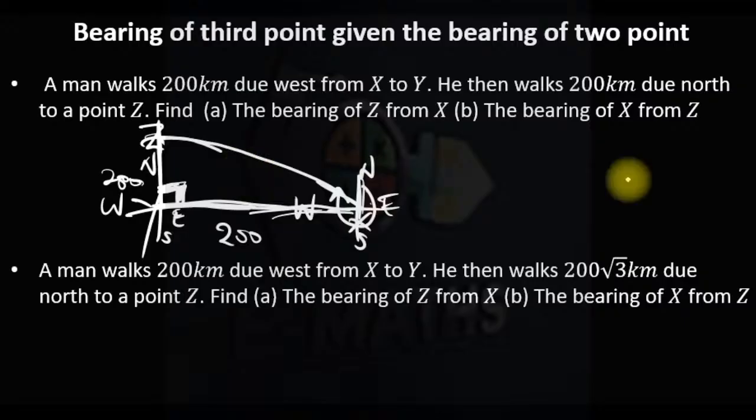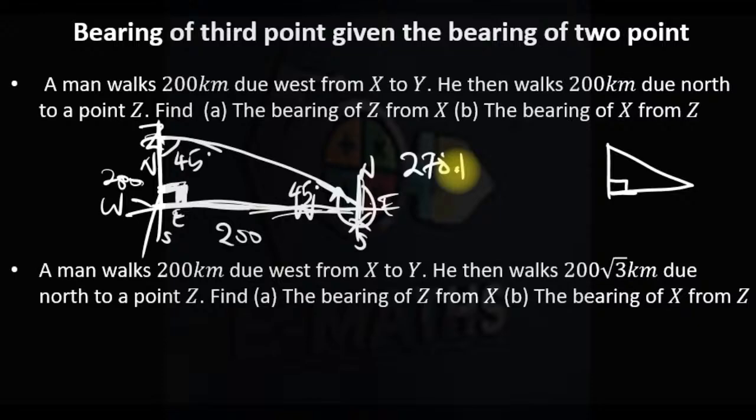From what we call a 45 45 90 triangle, the angle here is 45, because this is 90, this is an isosceles right triangle. 270 plus 45, which is 315.